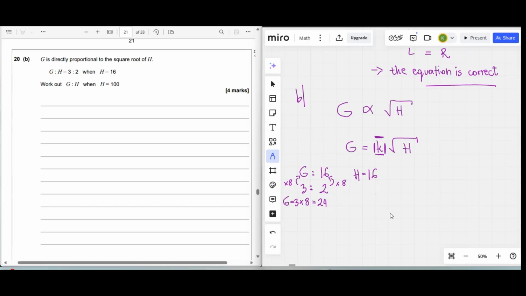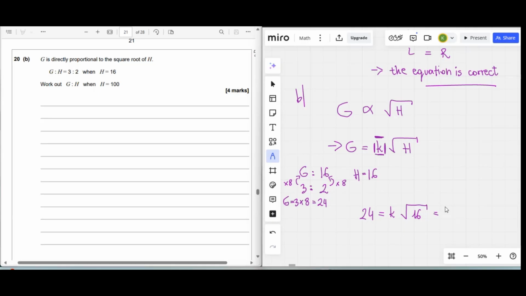Let's now substitute the 24 into the equation for proportion. So G, 24, is some k times the square root of h, that was 16.